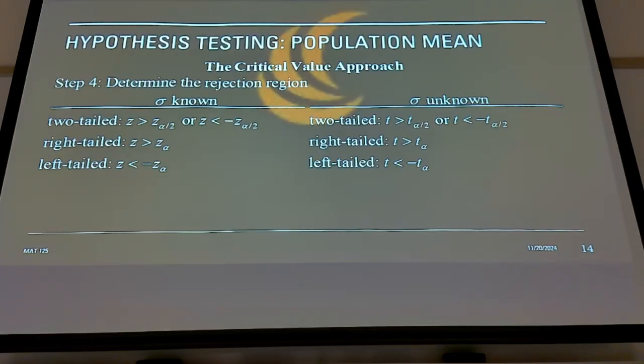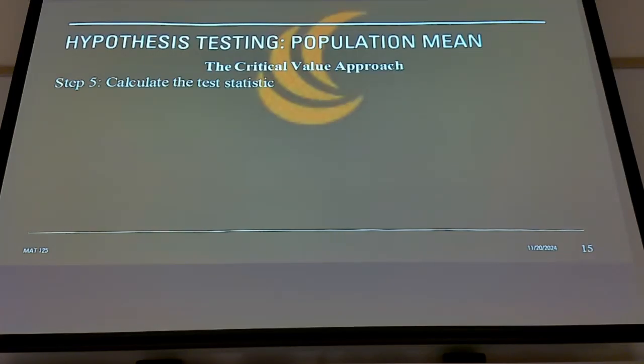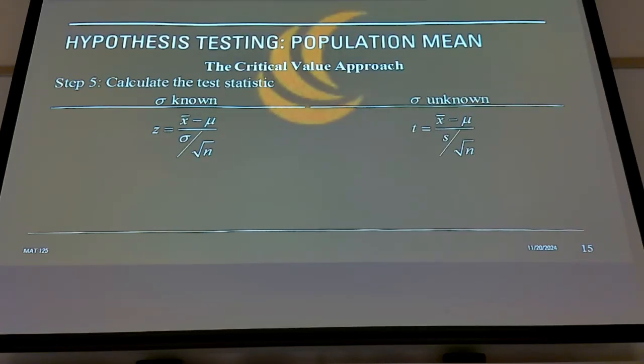Well, once you've determined the rejection region, you now want to calculate your test statistic. Right? It's either going to be a z-score or a t-score, depending on whether you know the population standard deviation or not. Then your method converges again.